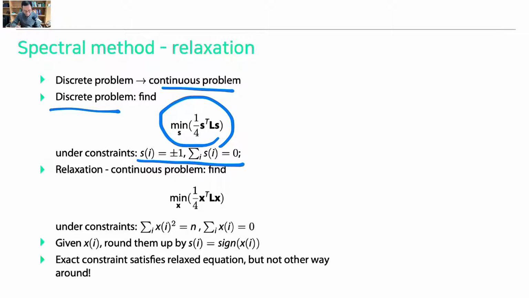We try to relax the problem and make it a continuous problem. So now we are able to get a float value for the S. We introduce new notation, X, the float value. So instead of this, we give this constraint. So now we're able to get the float, and we still get this.